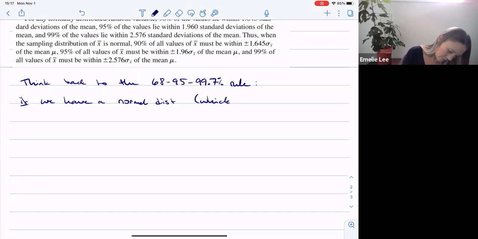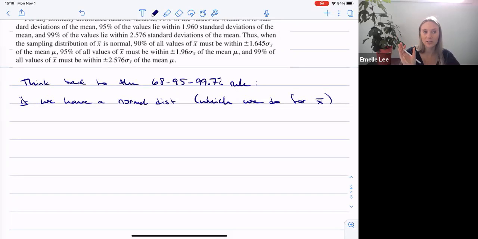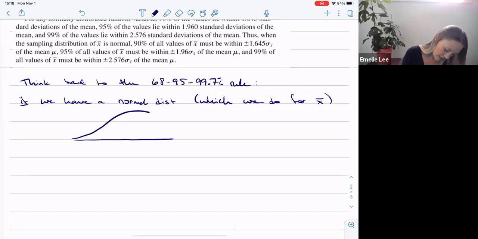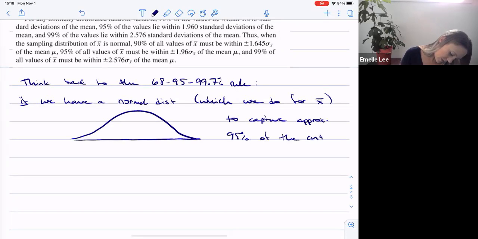which we do for X bar, right? We just said that. We said we have a normal distribution and we know the mean and we know the standard error, which is its version of the standard deviation. And so then what we can say is, to capture approximately 95% of the central values, right?